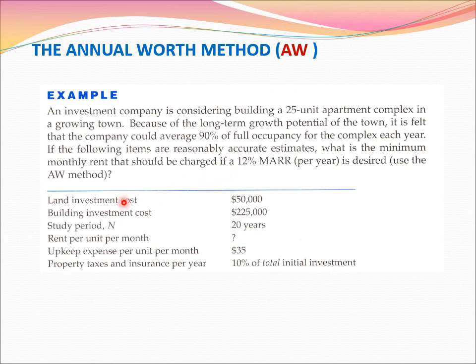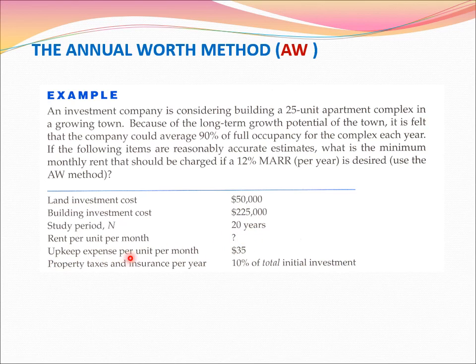It says that the land investment cost is 50,000, meaning that we are going to buy the land for this money. Building the apartment complex, the cost is this much. The study period is 20 years, so we will rent these apartments for 20 years. We are asked for the rent per month.